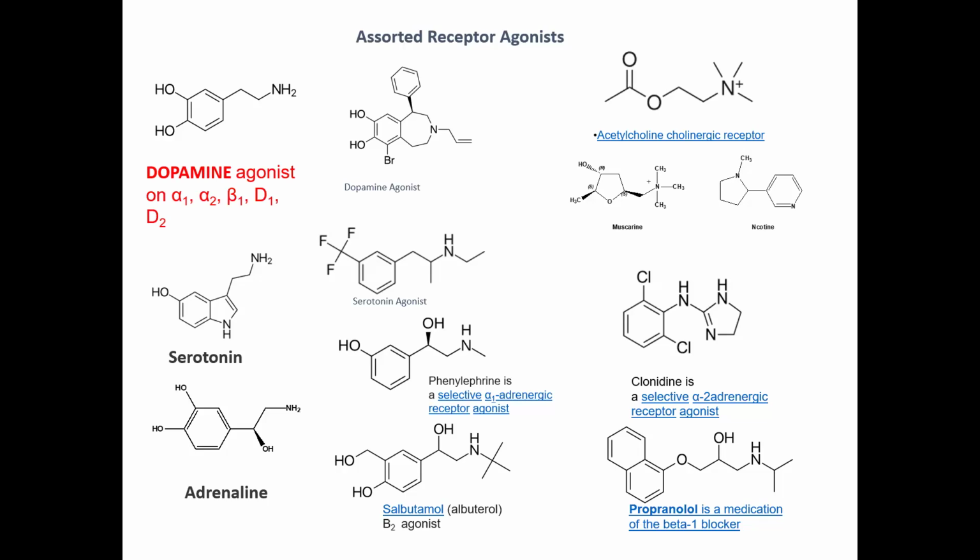Dopamine is an agonist on its own receptor. But go back and look at the structures of dopamine and all the other ones. Depending on the concentration, it can react at all the other receptors, the alpha, beta, D1 and D2.